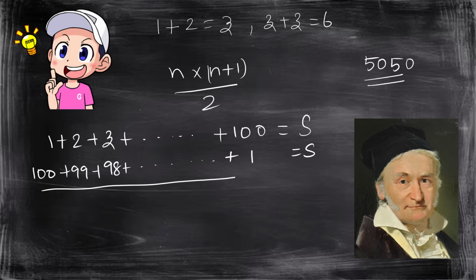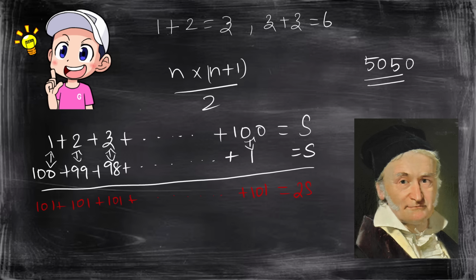And what he did was, he just added these two numbers, 1 and 100, 2 and 99, 3 and 98. He added the numbers in pairs. So the answer is 101. Here also 101 again, here also 101 again, and so on till we get 101, 100 times, which is twice the answer.